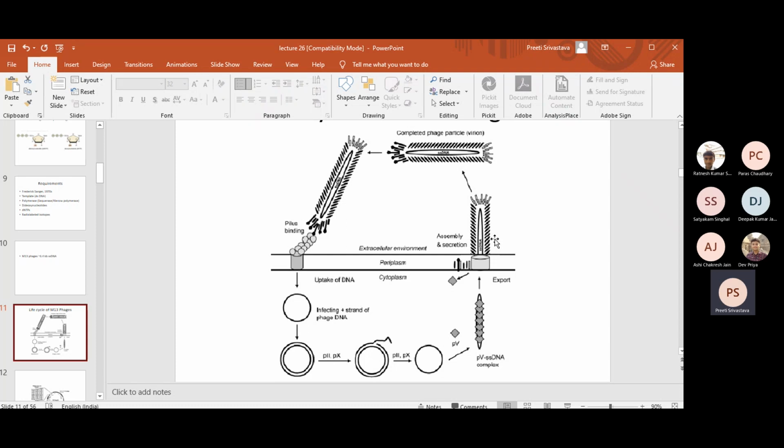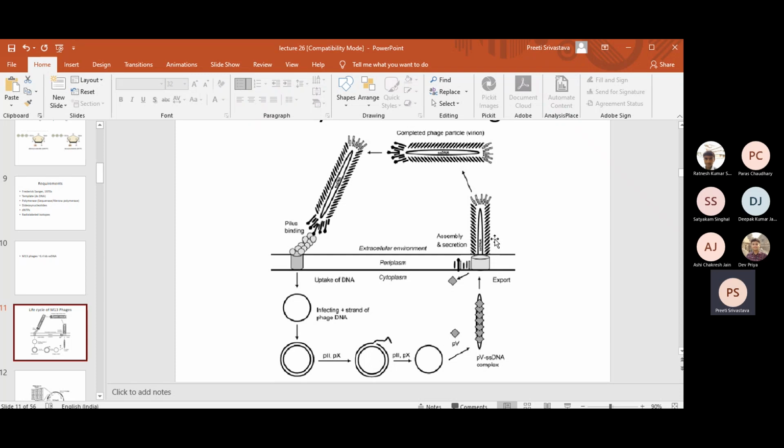So by this life cycle, what I wanted to show you is that inside the bacterial cell, M13 can exist as double-stranded DNA. I mean the genome of M13 can be double-stranded, but inside the virus, it is single-stranded.